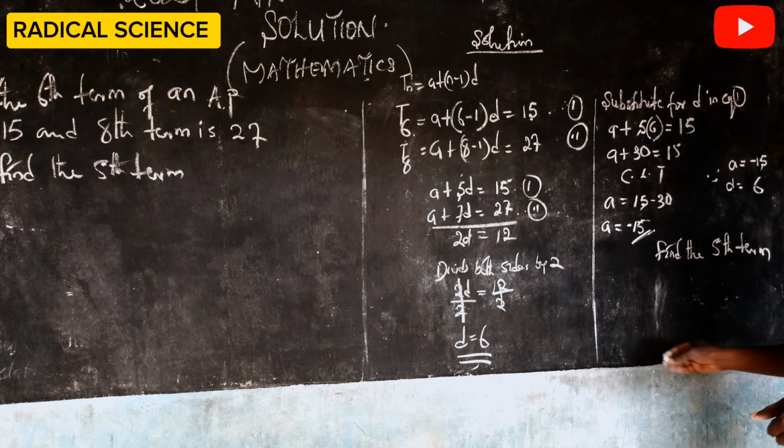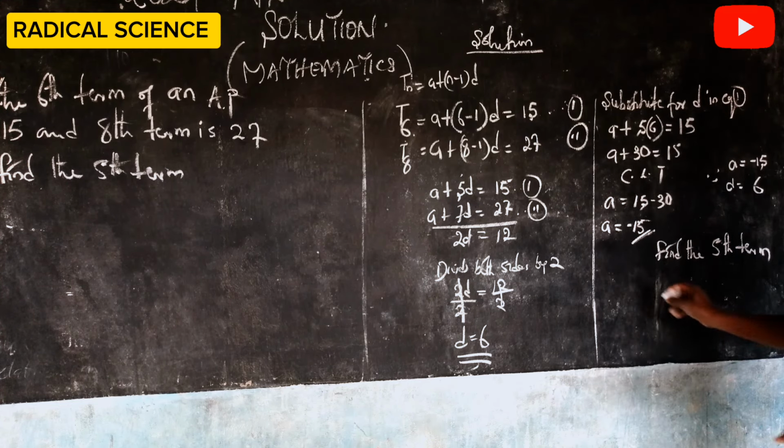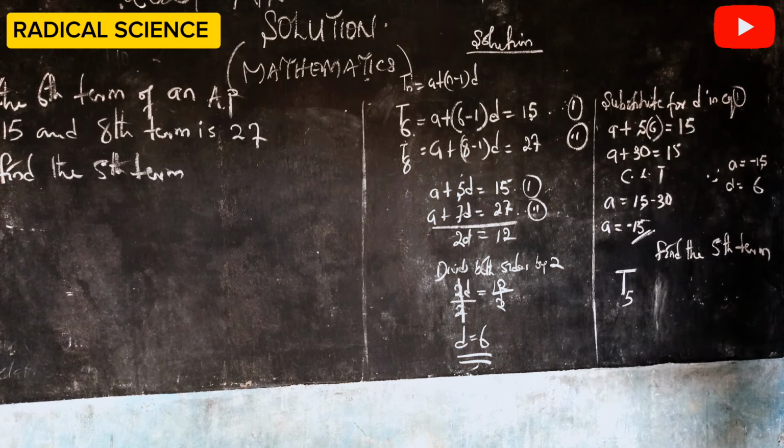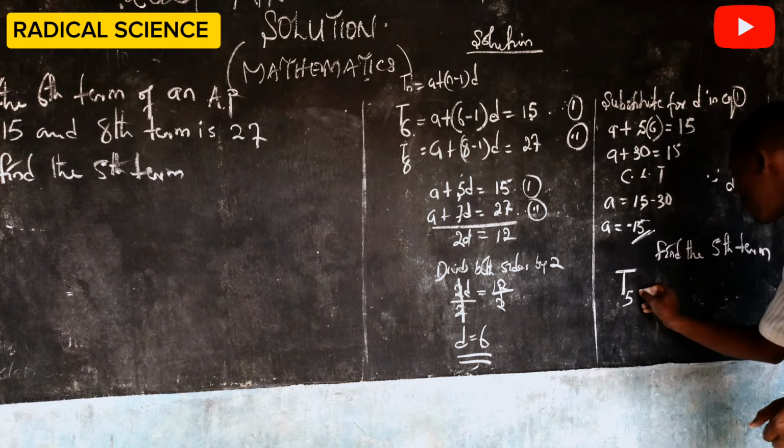Let's find the fifth term using the nth term formula. We are told to find the fifth term, so the number of terms we are looking for is 5.